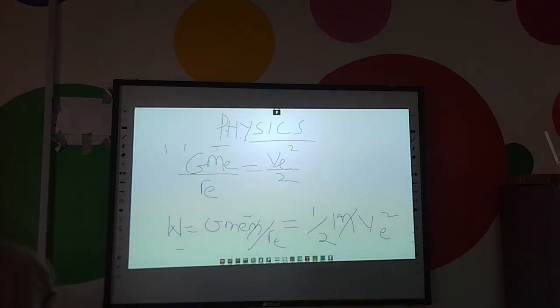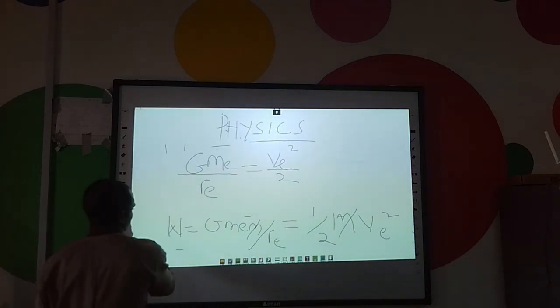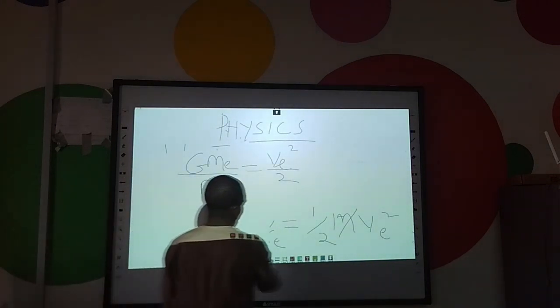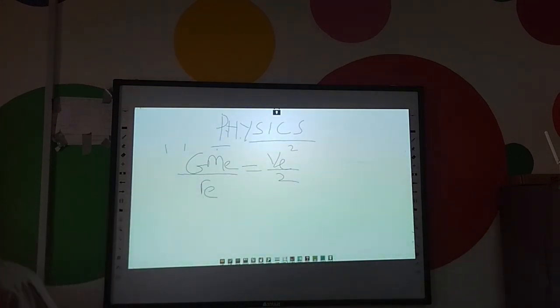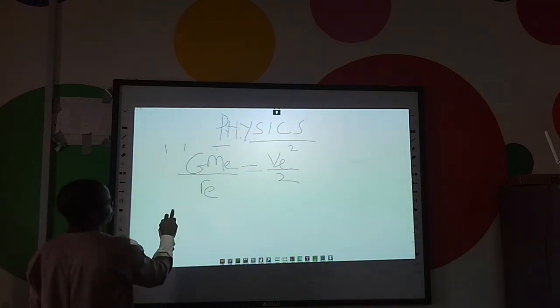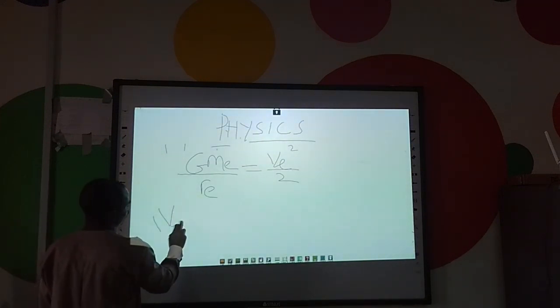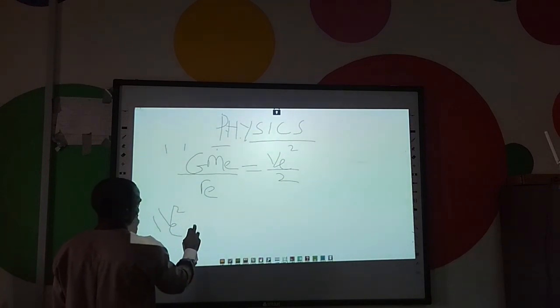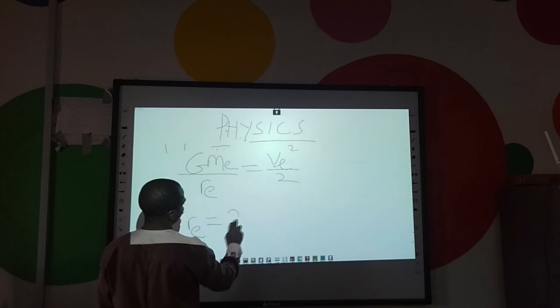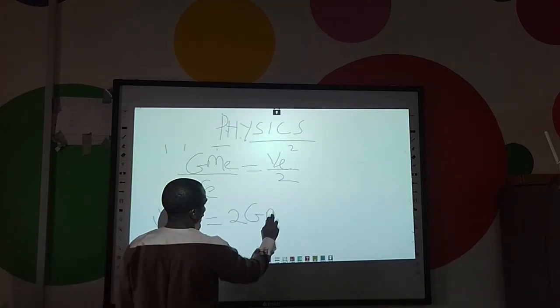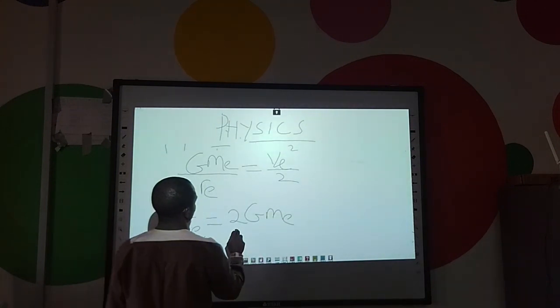Here we cross multiply. When you cross multiply, you have V E squared R E equals 2 G M E.